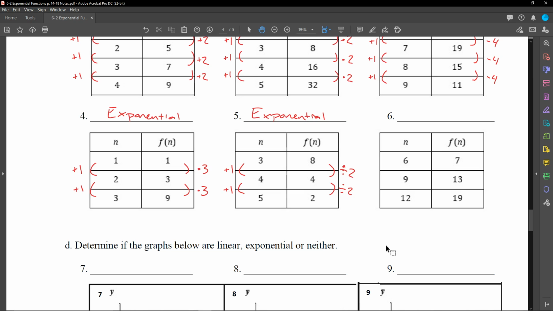So this still has a multiplicative rate of change, exponential. Number 6, our n values are increasing by 3 each time, so that's additive. And then f of n is increasing by 6 each time, so this is linear. This would have a slope of 6 over 3, or 2 over 1, or just 2.